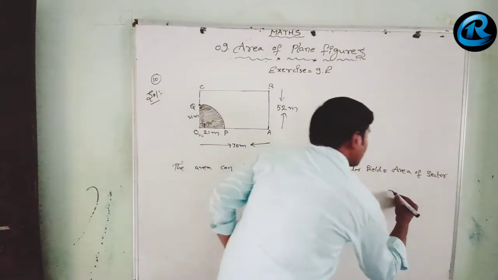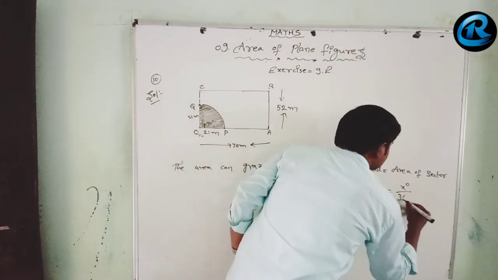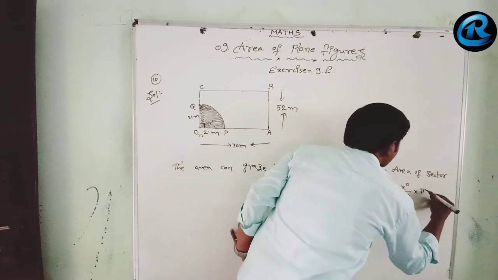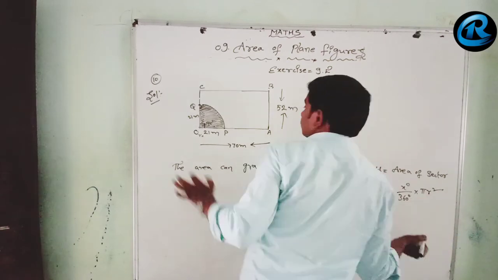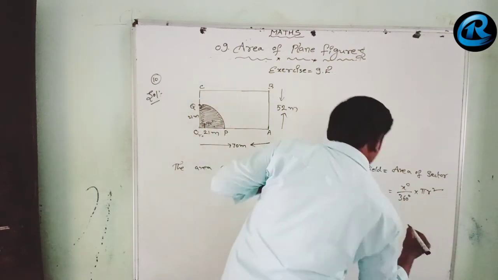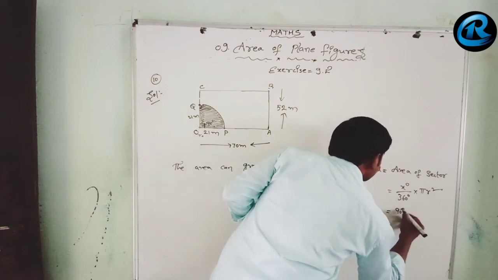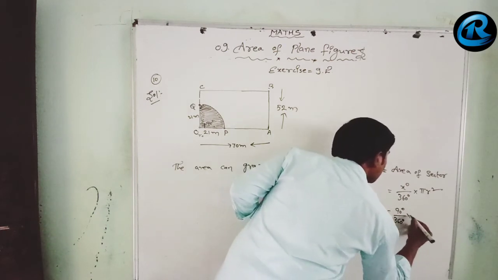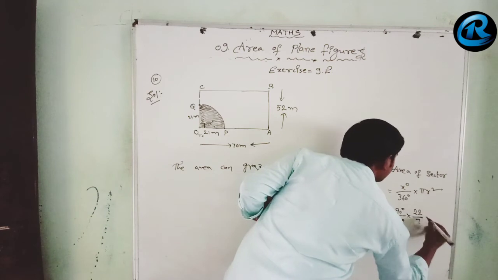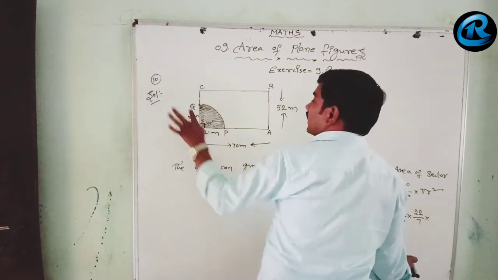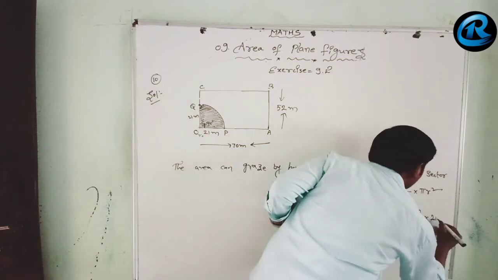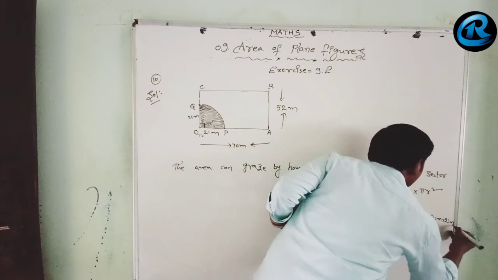So the area of sector formula is x degrees by 360 degrees into pi r square. Here in the rectangle all the angles are 90 degrees. So 90 by 360 into pi value 22 by 7 into r square, that is 21 into 21 meters.